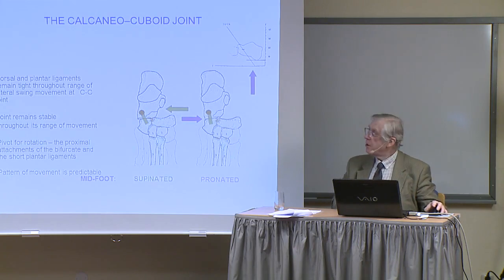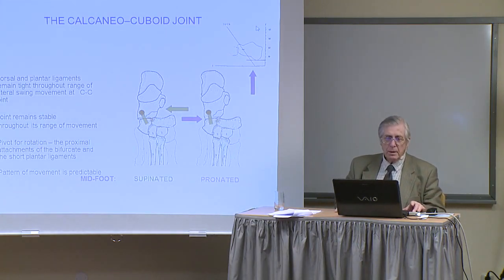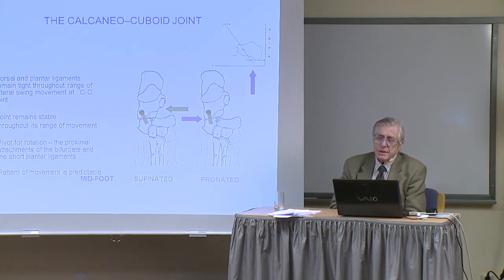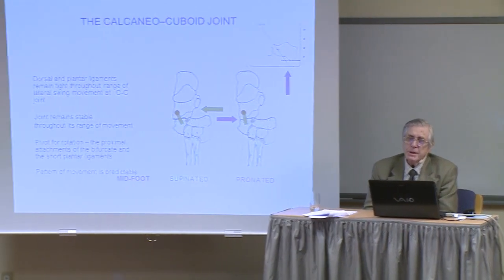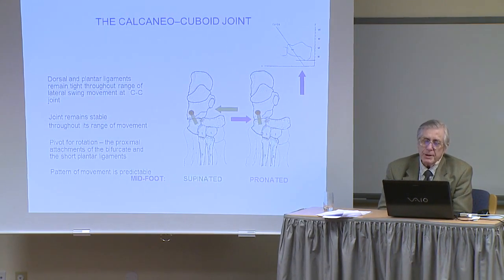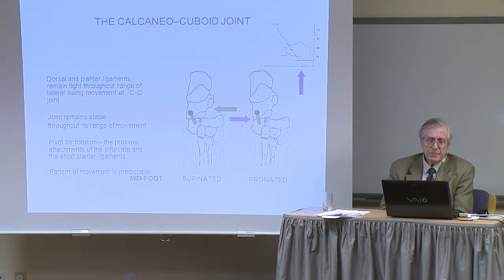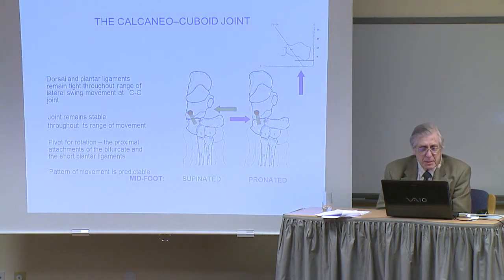So if we just go back, I'm suggesting to you that the calcaneo-cuboid joint is not a non-essential joint. It is the essential joint controlling the movements at these three coordinated joint surfaces. It remains stable throughout its range of movement, and the pivot is the proximal attachments of the dorsal and plantar ligaments.